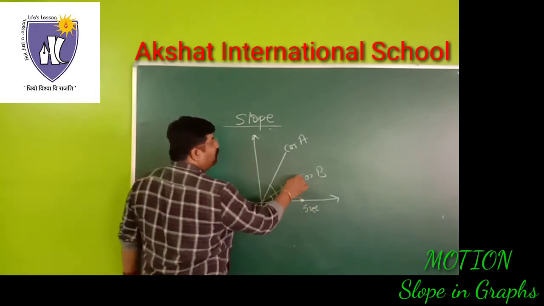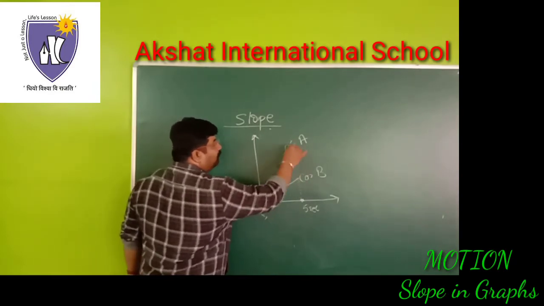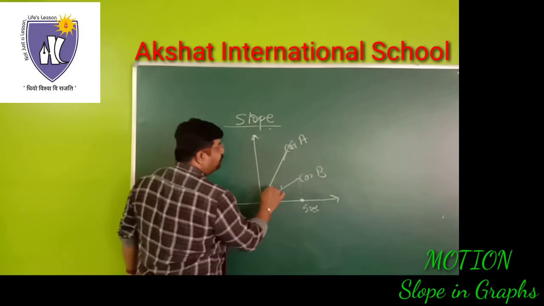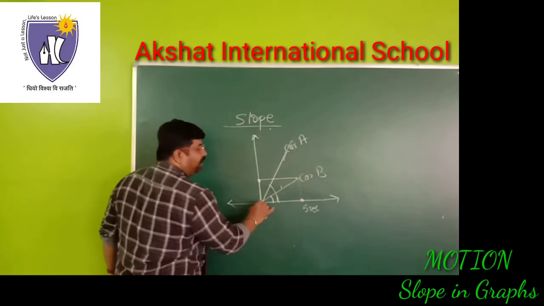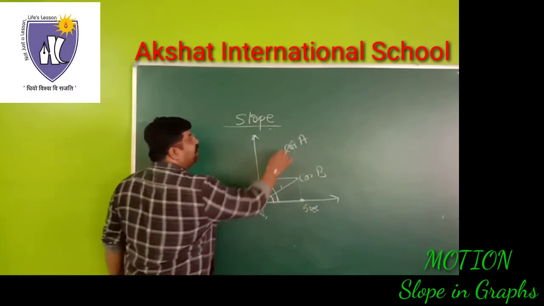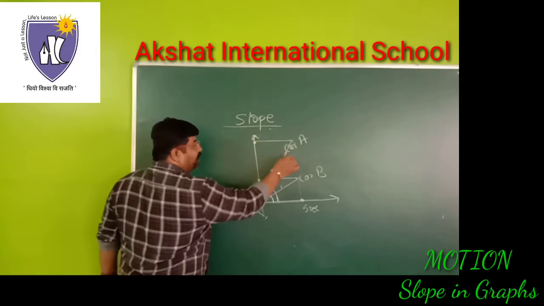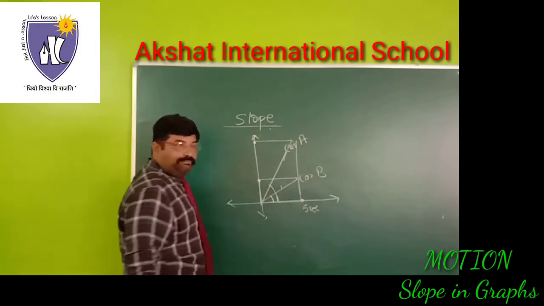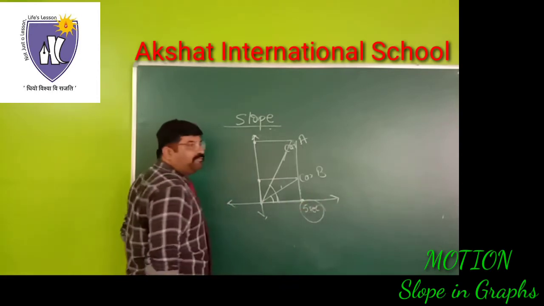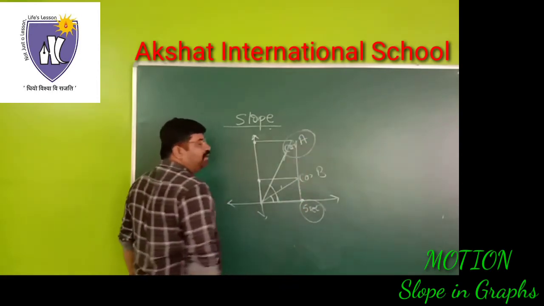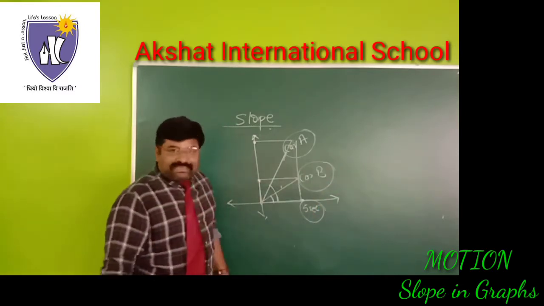Here also, if I take the same time, then the distance covered by car B in 5 seconds is less than the distance covered by car A in the given 5 seconds. That means in a given interval of time, car A covered more distance and car B covered less distance.